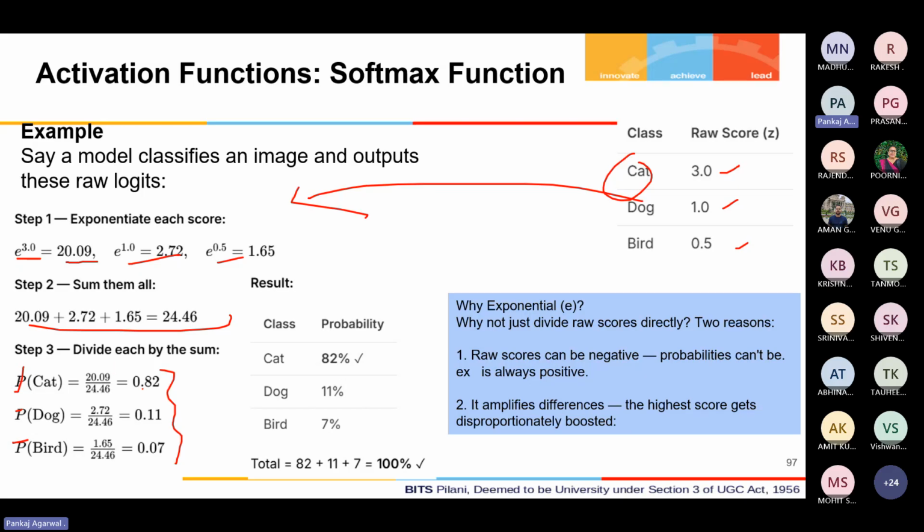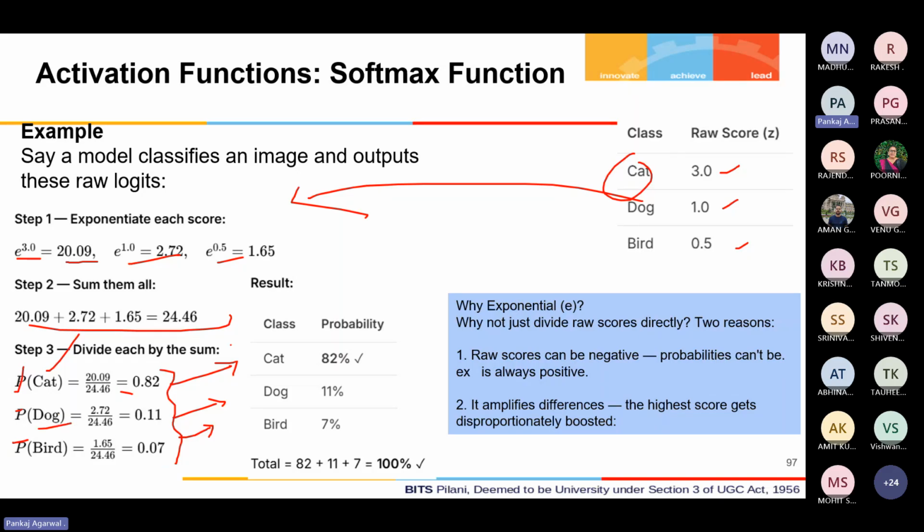What is the probability of cat? I can define a range for it, and a range for, suppose, a bird. If the probability falls into that particular range, I would define it as a cat. If the probability is in this other range, I can define it as a dog.